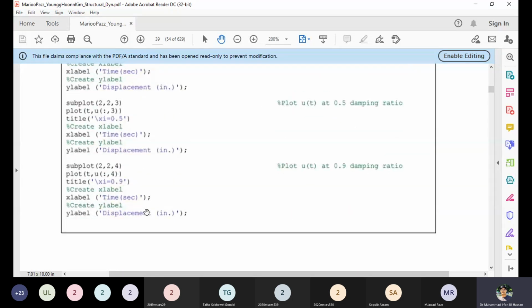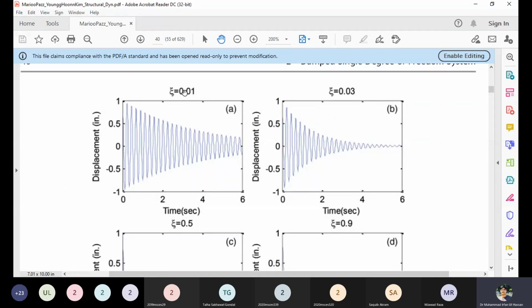So now the 4 different functions are plotted.